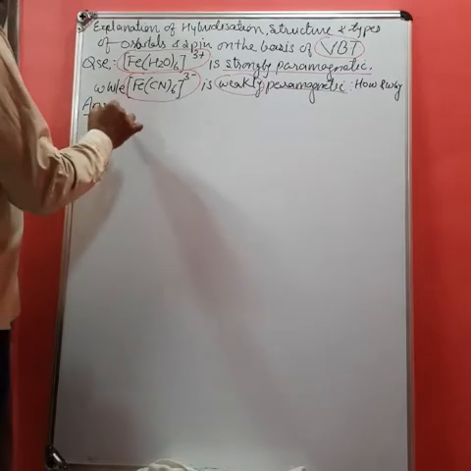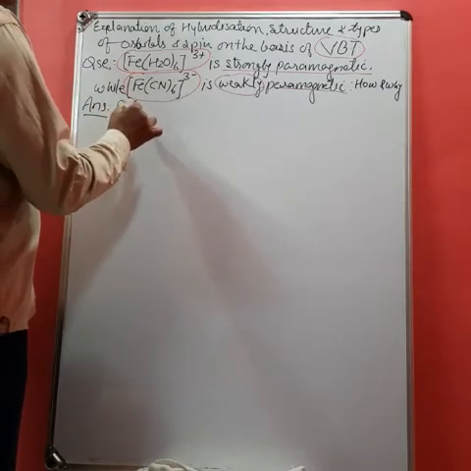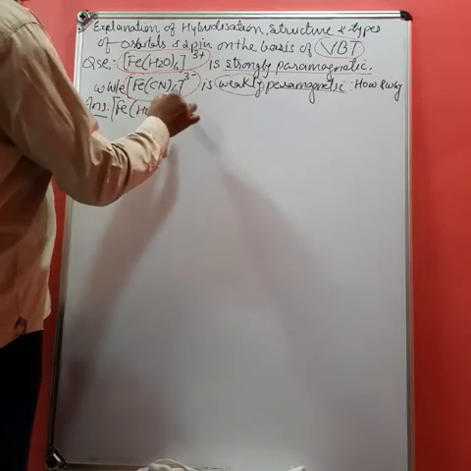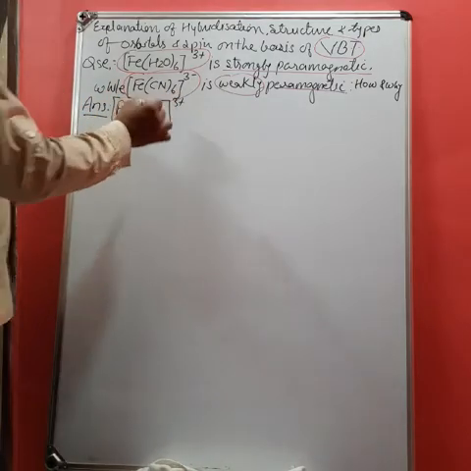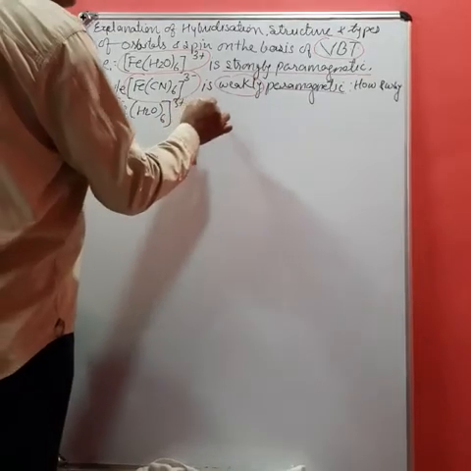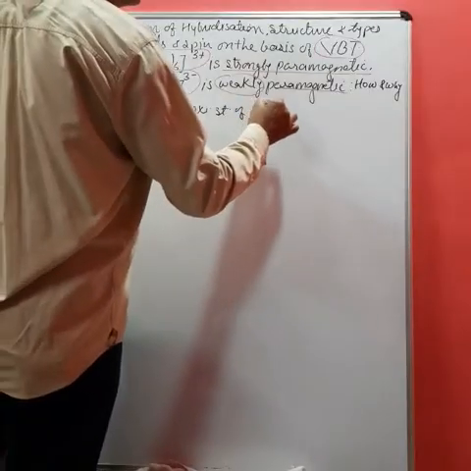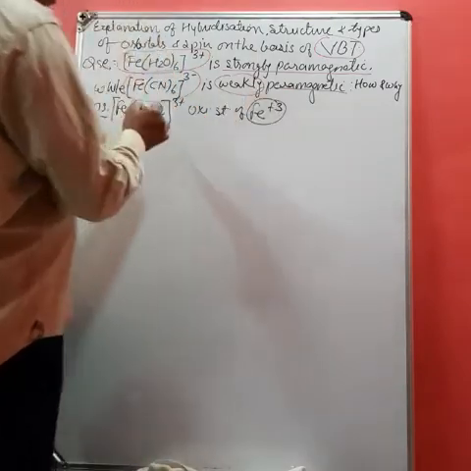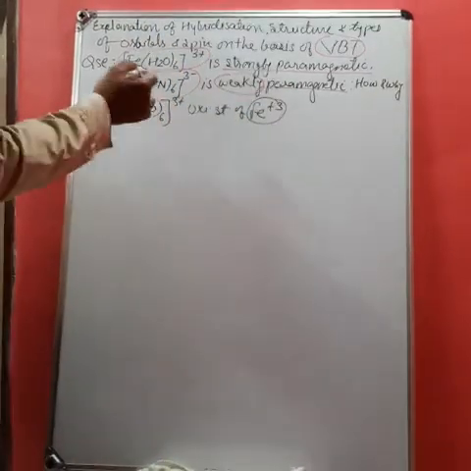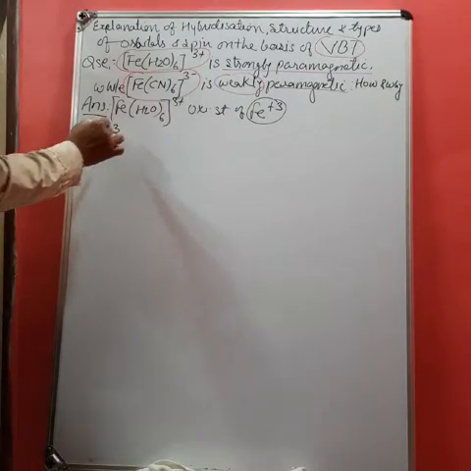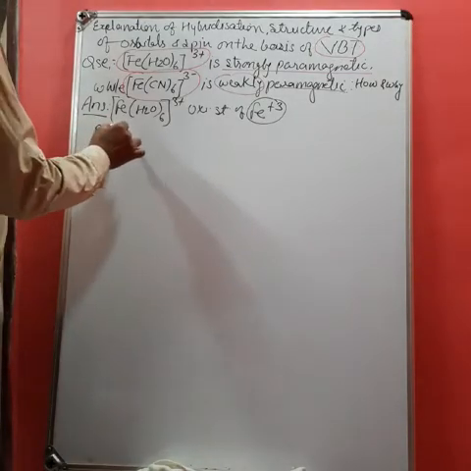Student, as I told you earlier, very first write about the first one, [Fe(H2O)6]3+. Here the oxidation state of iron is what? +3. It is because H2O has 0 charge. So we can directly write the configuration of Fe3+ by removing electrons.